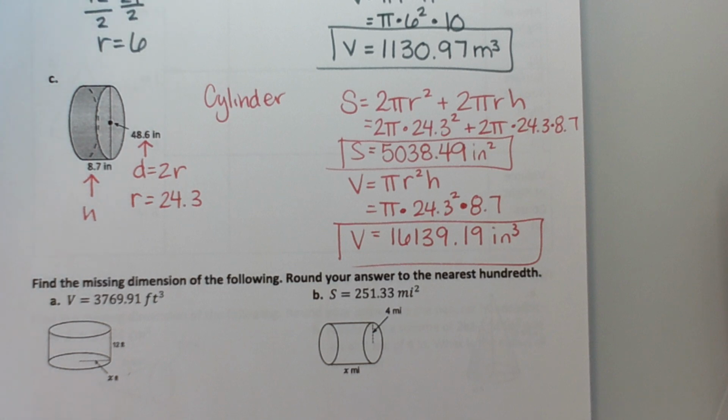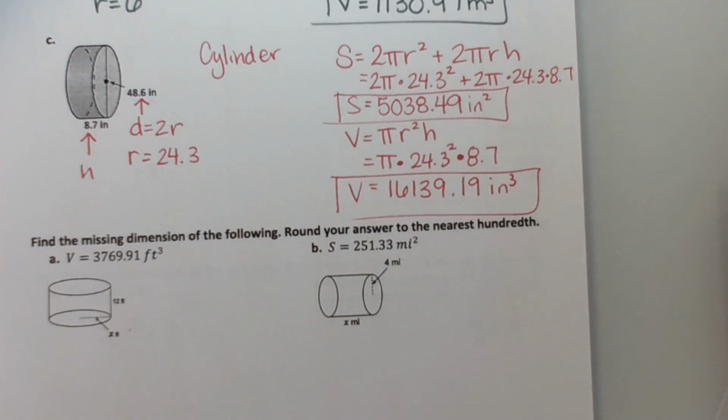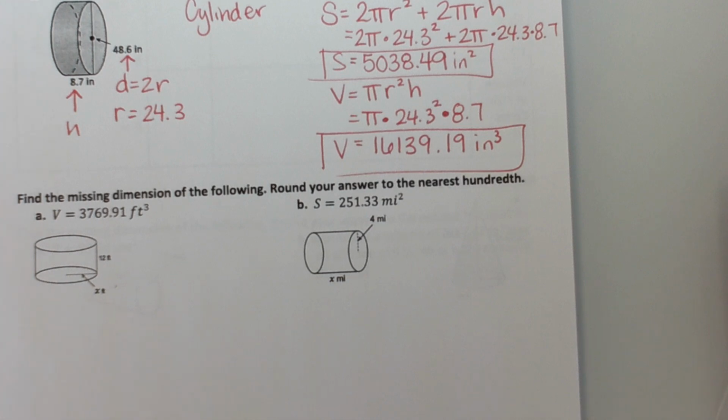We got two final problems left. These are the working backwards problems. Now, just like the ones where you're working forwards, finding surface area, finding volume, the working backwards problems, you should first identify the shape. What shape? Cylinder. These are both cylinders.